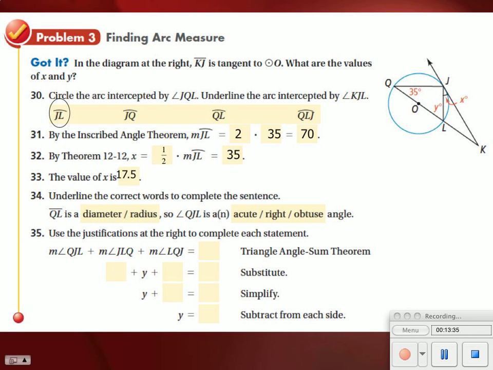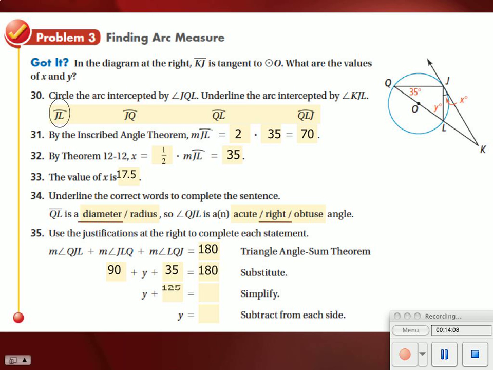QL is the diameter, so QJL is a right angle. All right, when two lines intersect on the diameter, they create a right angle. So I know by the triangle angle sum theorem that all my angles together in a triangle equal 180. I know that QJL equals 90 degrees and LQJ equals 35 degrees.